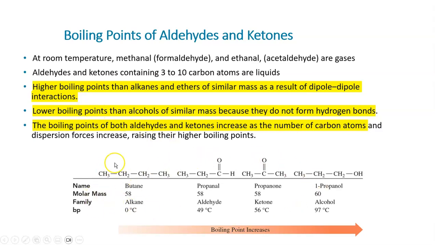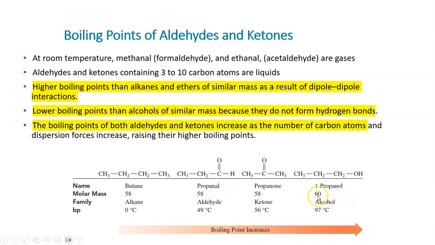And as you see here in this diagram or in this table, you can do a quick comparison. The boiling point of butane is 0 degrees Celsius, but when it comes to propanal and propanone, they do have higher boiling points.